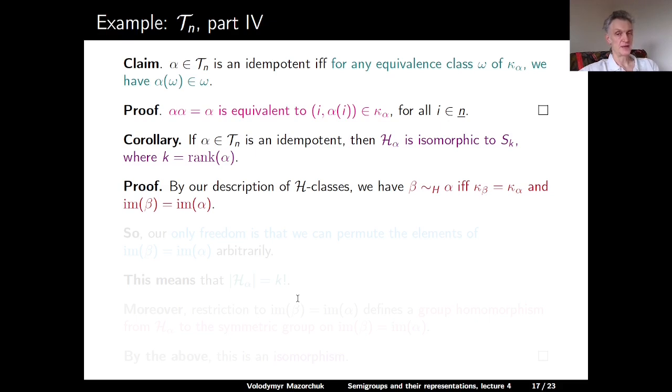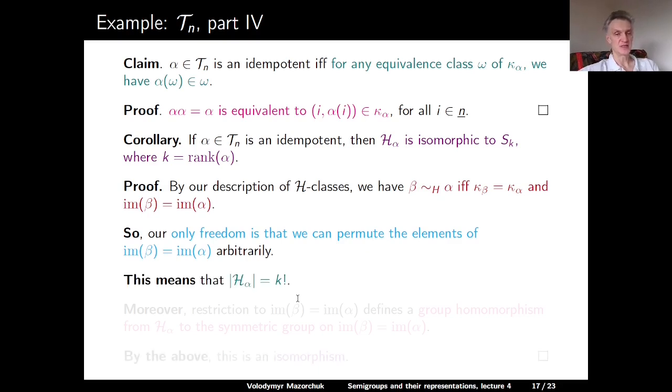if and only if beta and alpha have the same kernel and the same image. So we only have the following freedom to construct a new beta. We can permute the elements of the image arbitrarily. So in particular, it means that the cardinality of the H class of alpha is equal to k factorial, where k is the rank.